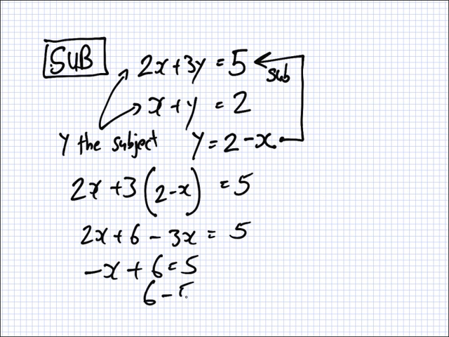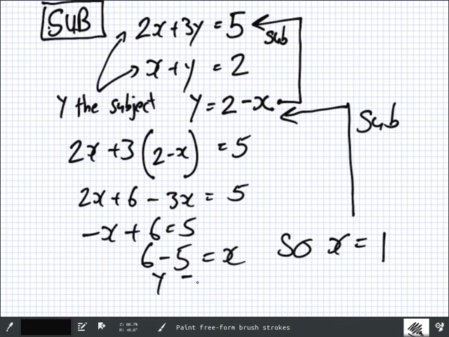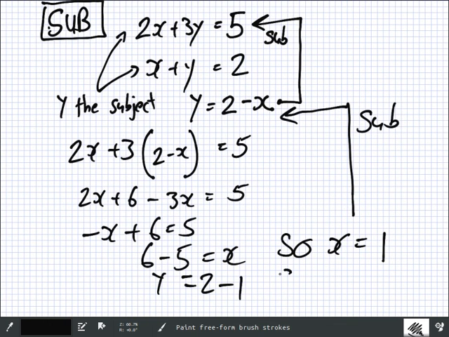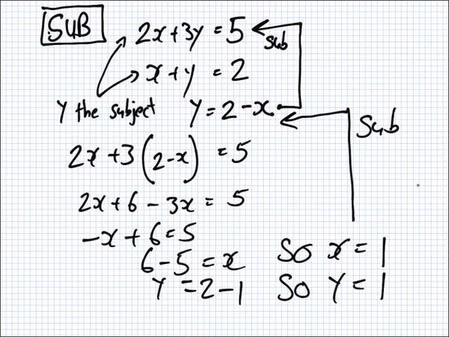So that means 6 minus 5 equals x. So x equals 1. And then you sub that back in here. y will equal 2 minus 1. Okay? This is the substitution method.